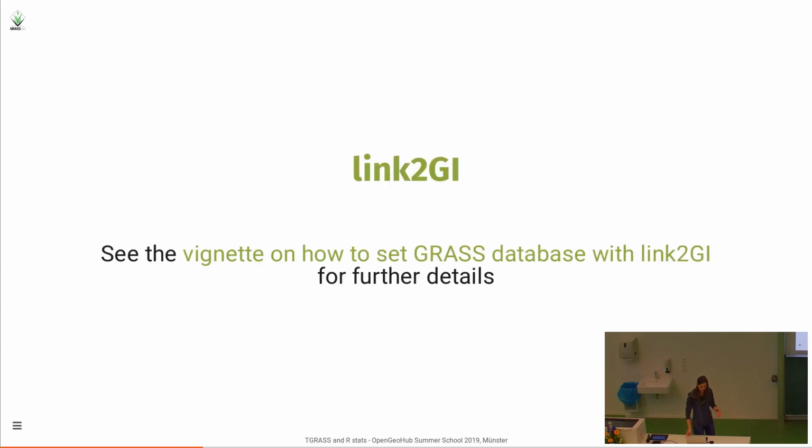And there's not only rgrass7 to link R with GRASS or other GIS, but there's also this package that I only got to know last year in Prague, at the Geostat last year, linkGI. And I left you there the link because it's also pretty nice.